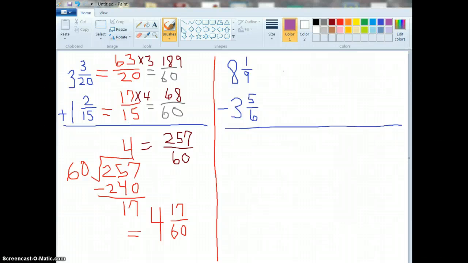Let's look at the next example. This one is involving subtraction. Again, let's convert both of these mixed numbers to improper fractions. So the first one we have 73 over 9.